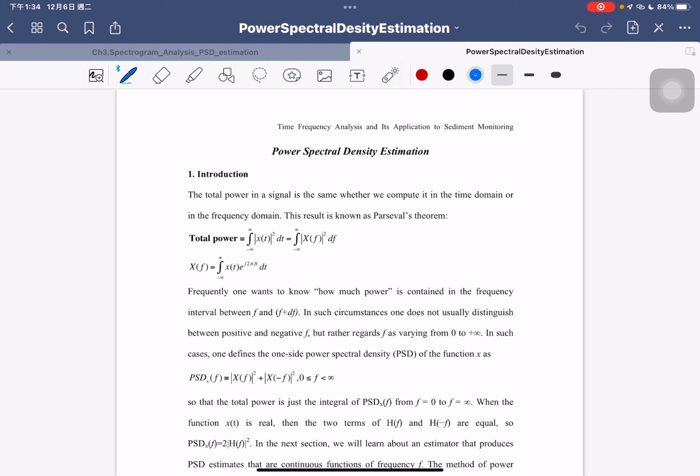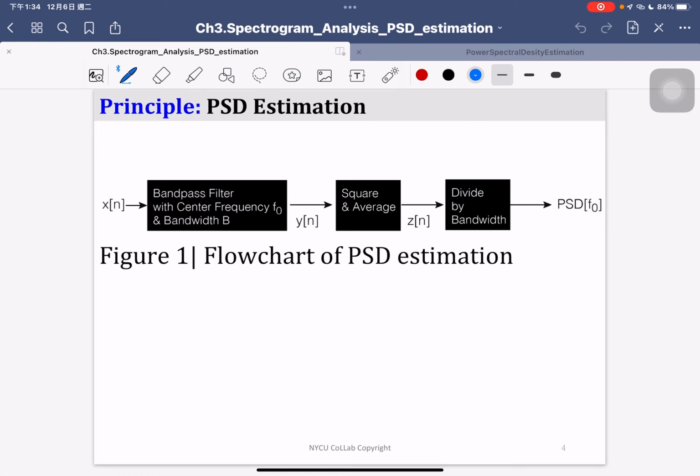Okay, so the idea, I go back to the bigger picture from the PDF file. So this is the flow chart today, and when we do the power spectrum estimation analysis, the x(t) is our time series data. When we put it into the black box, like here, we get some output y functions.